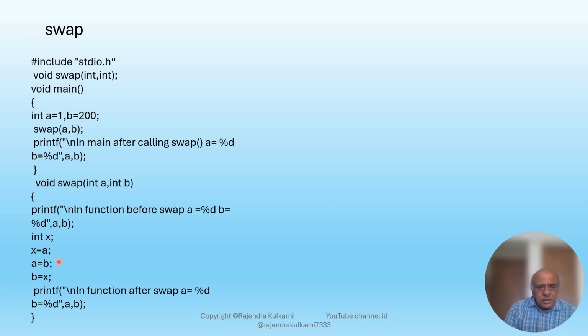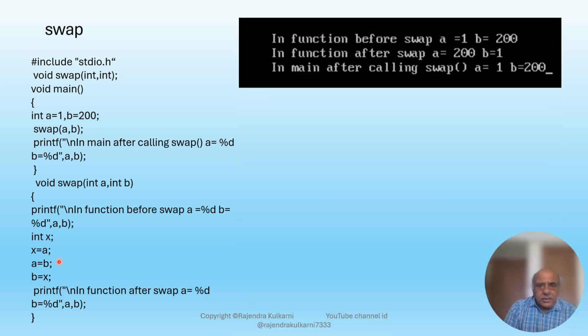In the function, this printf statement tells us the values of a and b after the swapping code has been executed, and this is the screenshot of the output which I got when I ran this program. So in function, before this code is executed, a is equal to 1, b is equal to 200.